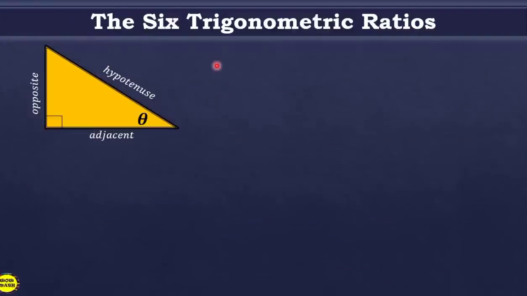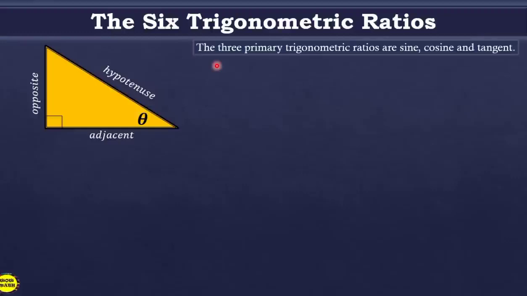The 6 trigonometric ratios. So, ano-ano ba itong 6 trigonometric ratios? So, dapat familiar tayo dun sa opposite, hypotenuse, and adjacent. So, paano ba natin malalaman that is the opposite, the hypotenuse, and the adjacent? So, given this right triangle, this is always your hypotenuse, opposite your right angle.